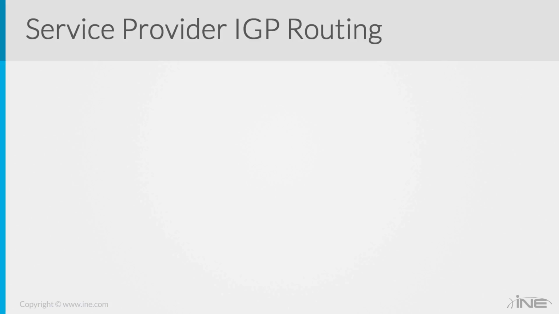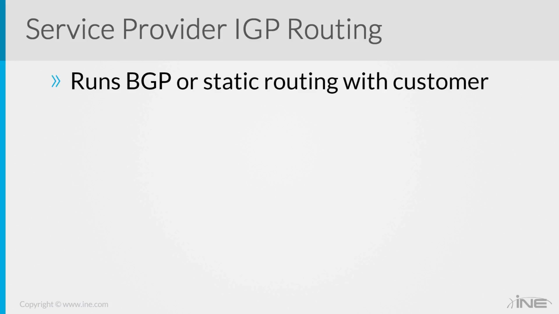So when you're dealing with the service provider, the first thing that we're definitely going to want to make sure of is that we're running BGP or static routing with the customer. You can run either or. Now, you don't have to run BGP, but since we're in a BGP course, or the BGP section of the advanced route course, obviously, that's the most common way I can see it being done. As a matter of fact, I've only heard of a handful of providers doing an IGP connection with the customer, like OSPF or EIGRP.